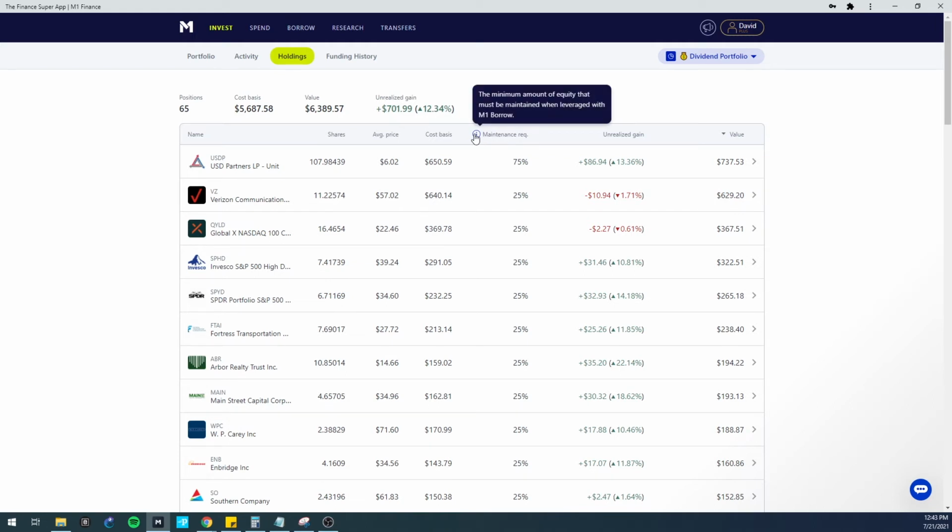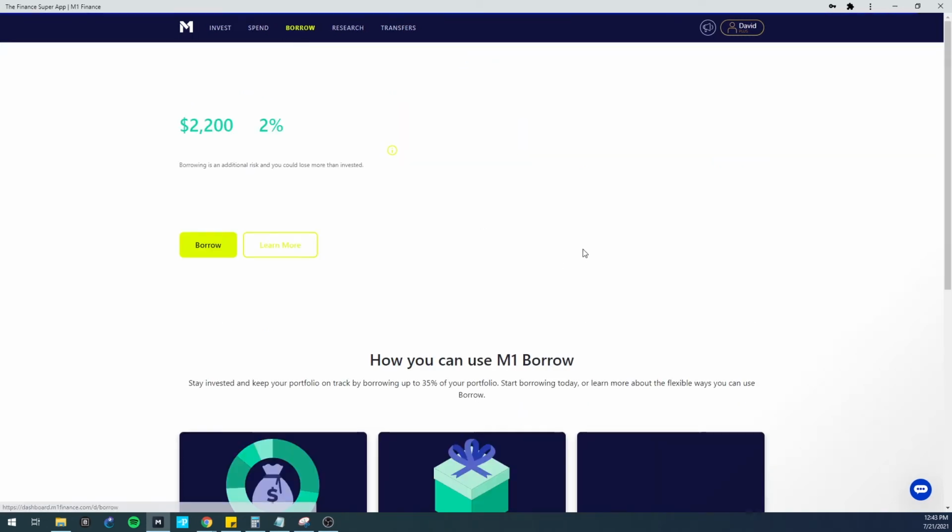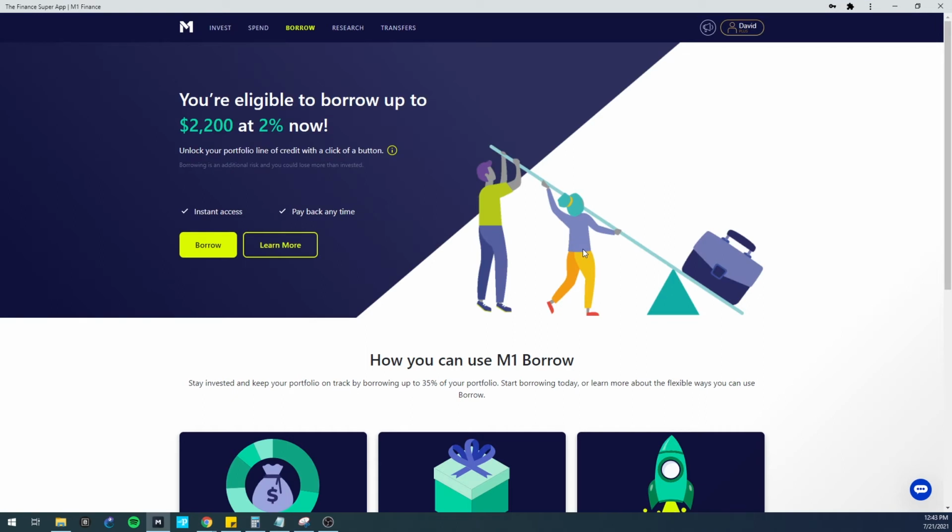According to the definition from M1 Finance, the maintenance requirement is the minimum amount of equity that must be maintained when leveraged with M1 Borrow. So with M1 Borrow, you can see here that you're eligible to borrow up to $2,200 at 2% interest right now.